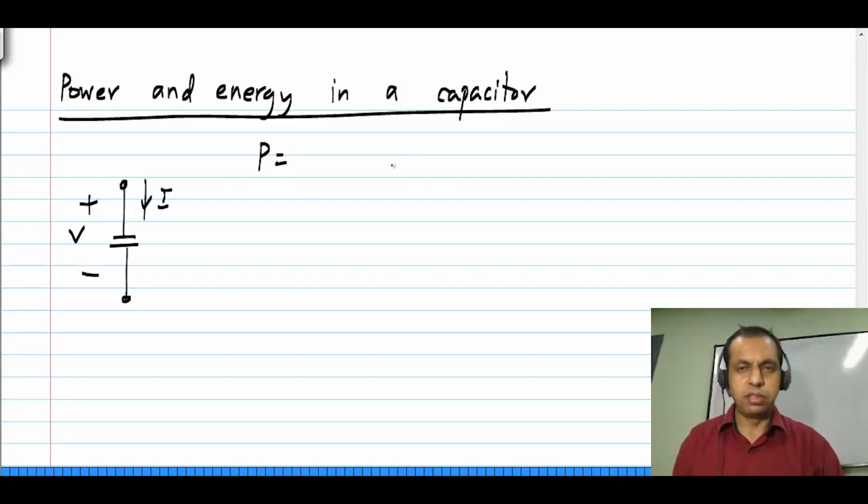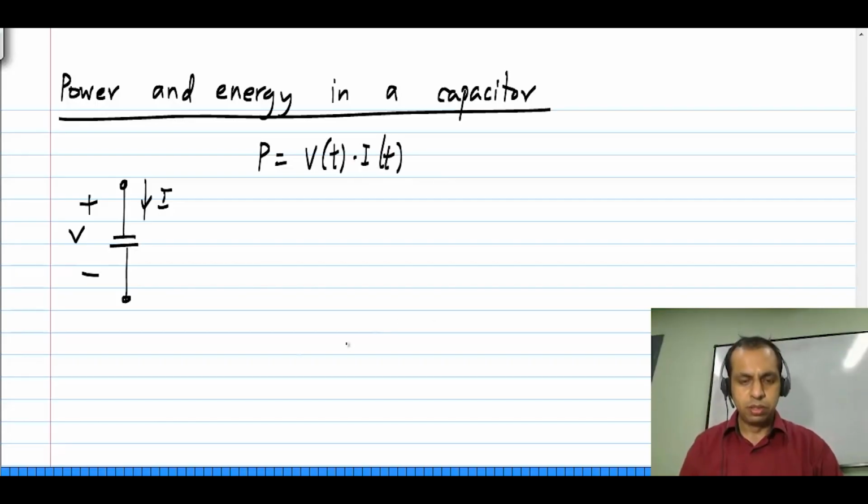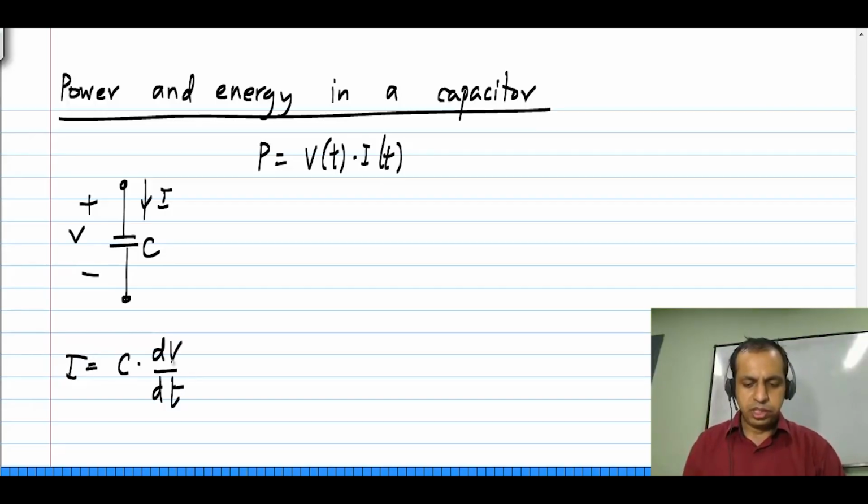Then the power, just like for any two-terminal element, is the product of voltage and current. But of course, the characteristic of a capacitor is that it enforces this relationship, I equals C times the time derivative of voltage, between the current and voltage.